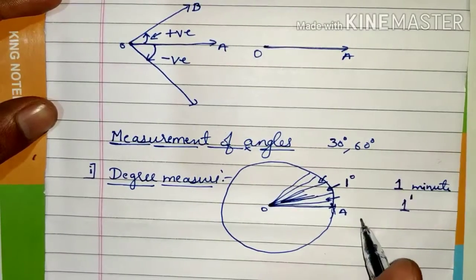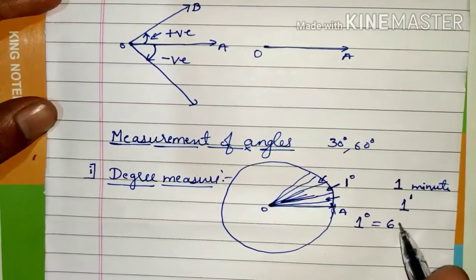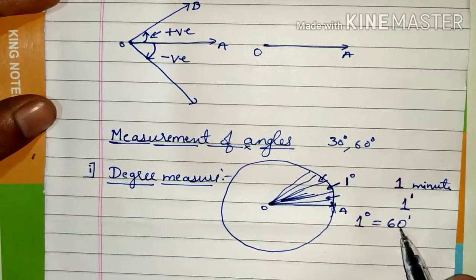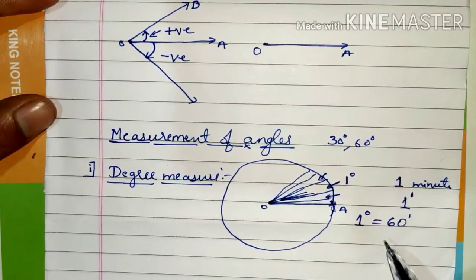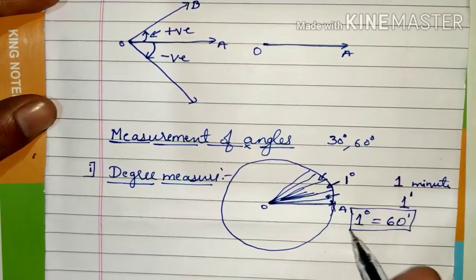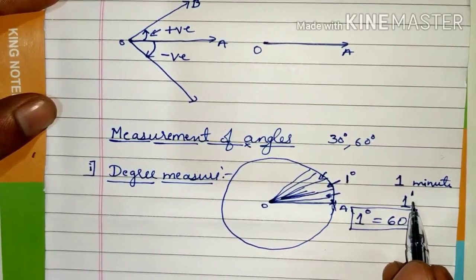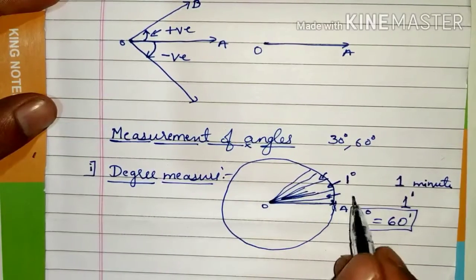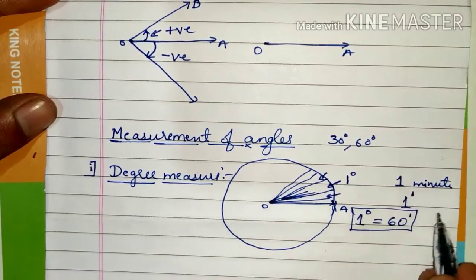Therefore 1 degree is divided into 60 minutes. 1 degree is equal to 60 minutes because we divide 1 degree into 60 equal parts. So you should know this also. Then 1 minute is divided into 60 equal parts. It is difficult to draw here, dividing 1 minute again into 60 parts.